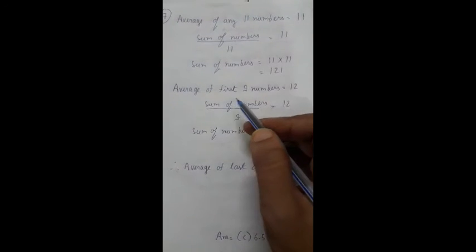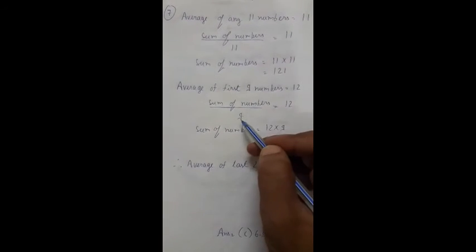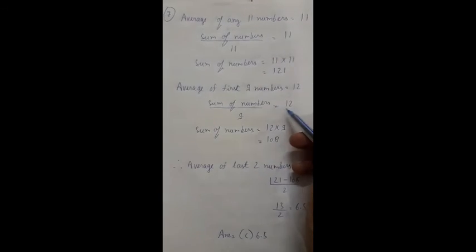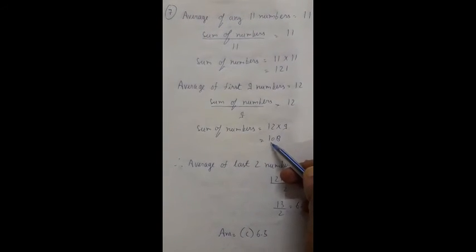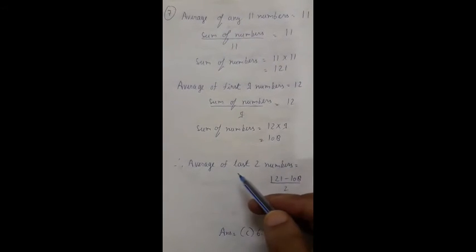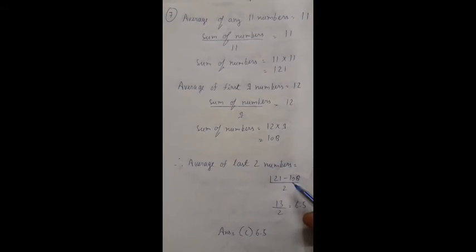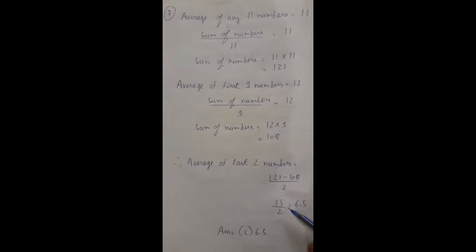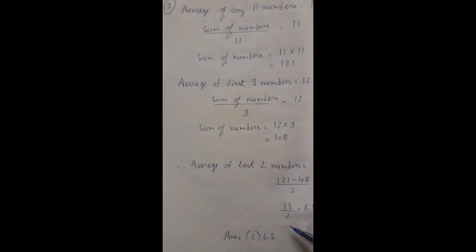Now the average of the first 9 numbers is given as 12. That means sum of numbers upon 9 equals 12. We will get the sum of numbers equal to 108. So therefore the average of the last two numbers will be (121 minus 108) upon 2, that is 13 upon 2. So we will get 6.5. That is, the answer will be C part, 6.5.